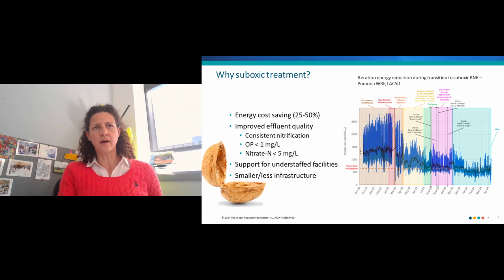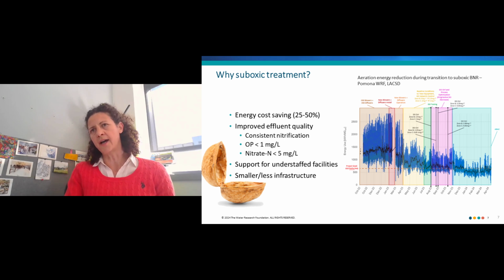So just to kick us off, I'd like to summarize the value of low DO suboxic treatment in a nutshell here. We often talk about low DO treatment for energy savings. And I showed here a graphic that took a great time to compile during this project that we did over several years. We'll talk much more about the details of this graph and what we did at Pomona over the next webcasts.